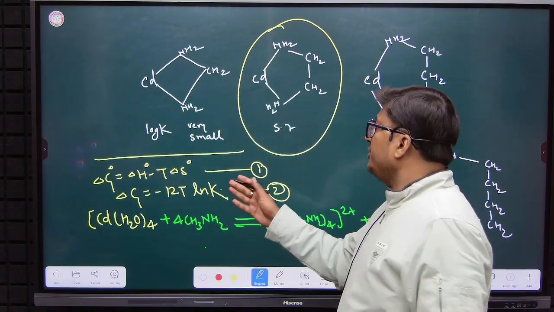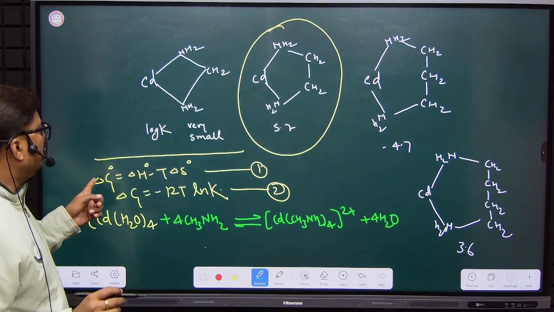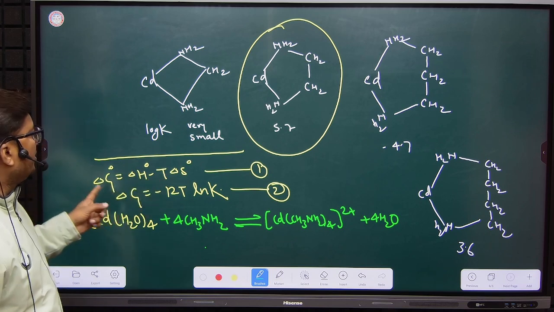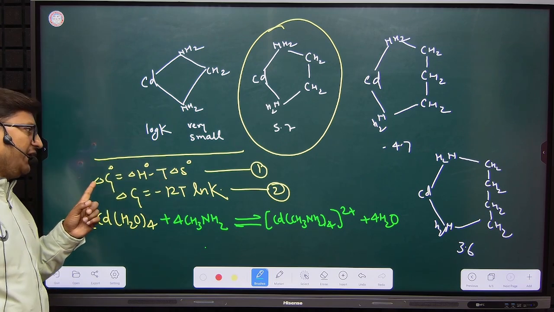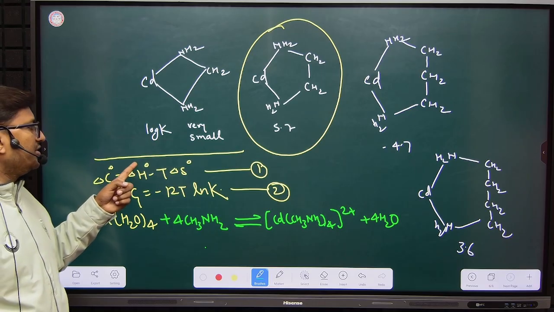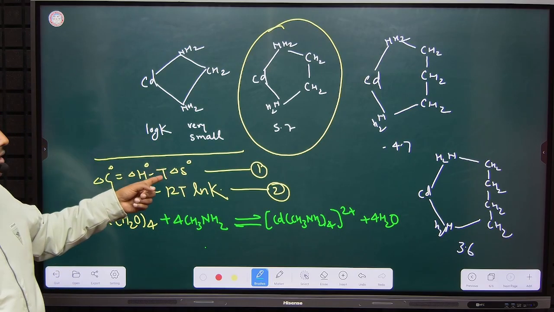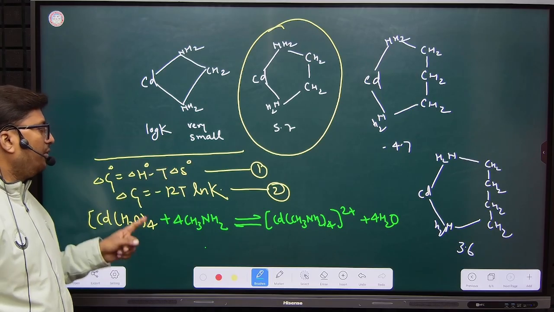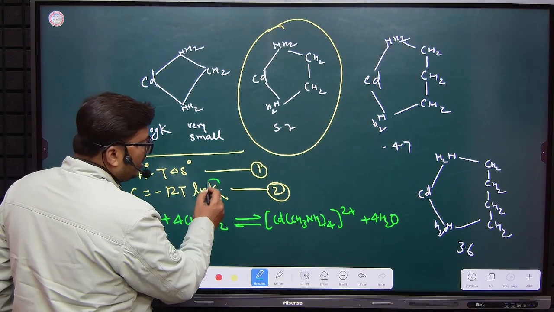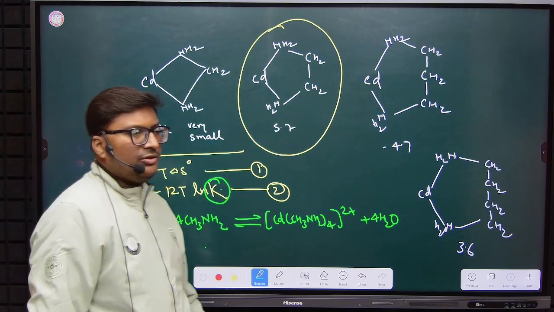So thermodynamically stable means through the relation of thermodynamics, delta G naught is equal to delta H naught minus T delta S. Delta G is the change in free energy at standard state, and delta H the change in enthalpy at standard state. T is the temperature, delta S is the entropy at standard state, where delta G is equal to minus RT ln K. K is the stability constant or formation constant, you can say.